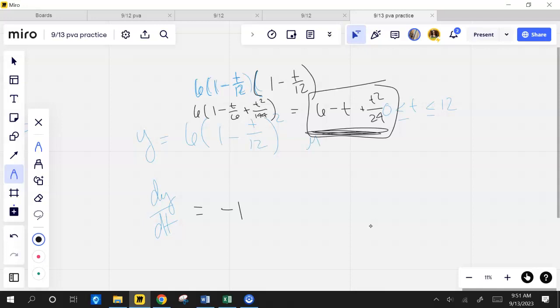Negative 1 plus... Well, think about it as 1 over 24 times t squared. So multiply and subtract 1.